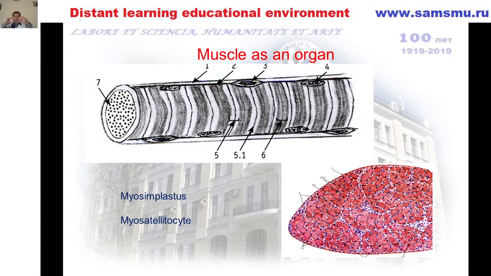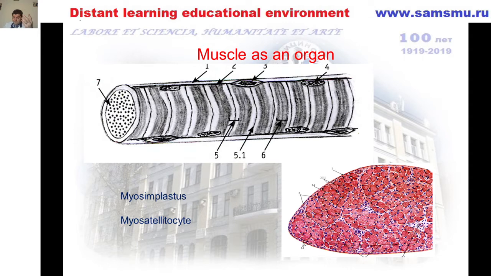It's an elongated cylindrical formation with pointed ends, with a diameter from 10 to 100 microns, and variable length from several millimeters to 10-30 centimeters. The diameter of muscle fiber depends on belonging to a particular muscle, for example, thin in the oculomotor muscle and thick in the back muscles.